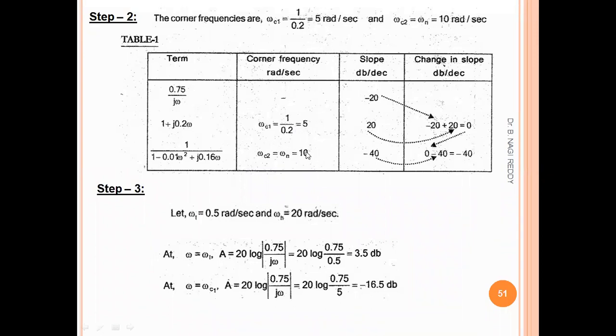And similarly, omega H is above the corner frequencies. That means the maximum corner frequency value is 10, so we have to consider any value above 10. Some people may consider 50 radians per second, no problem. Some people may consider 1 radian per second for the lower one, no problem.